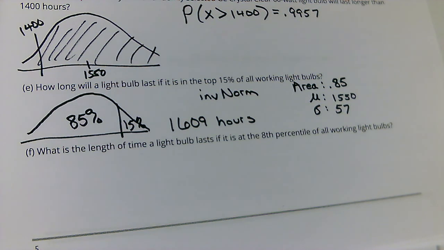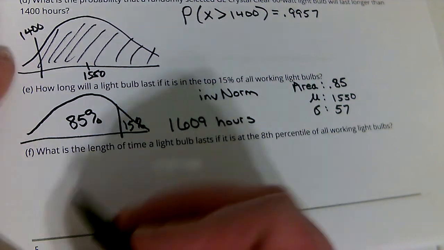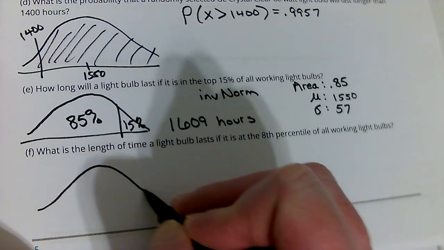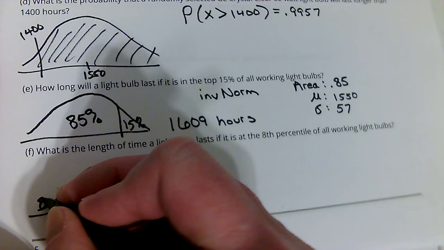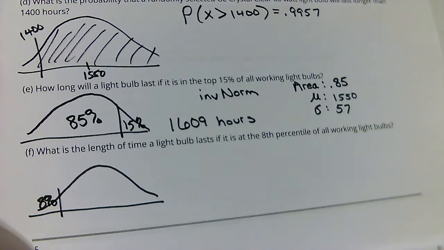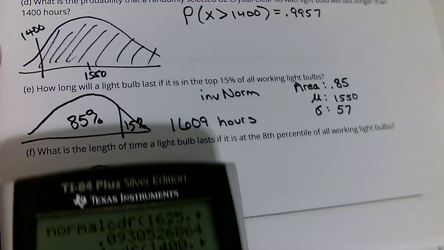Now, did it say it was in the top 8th percentile? It didn't. So 8th percentile is actually talking about 8% here. 99th percentile would be way up here, or 92nd percentile. 8th percentile is way, way, way down there.